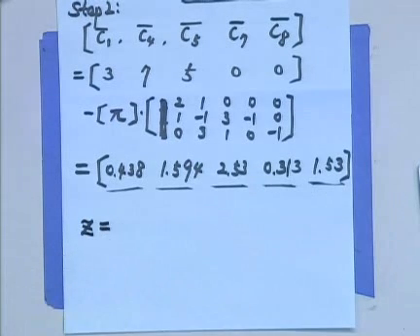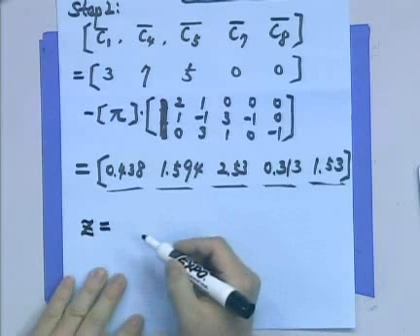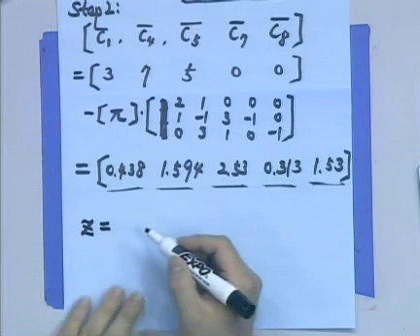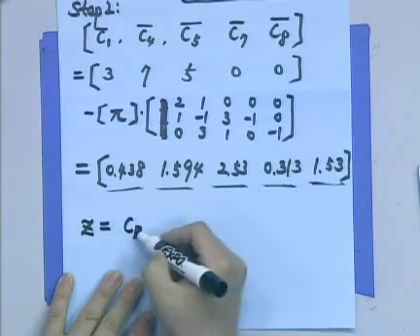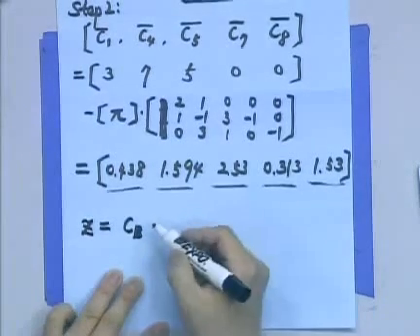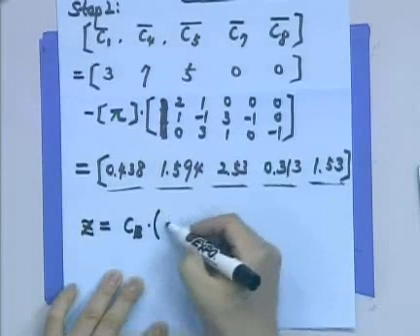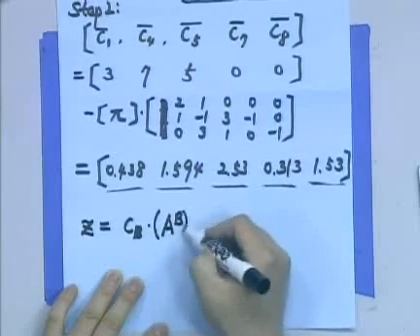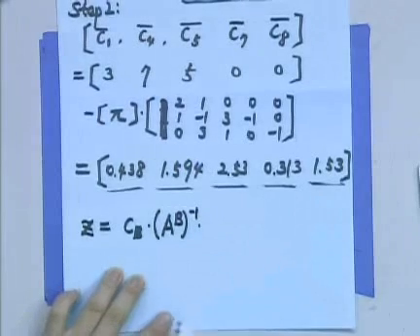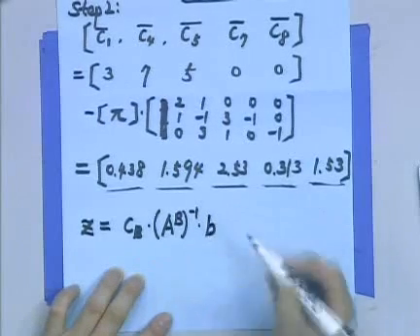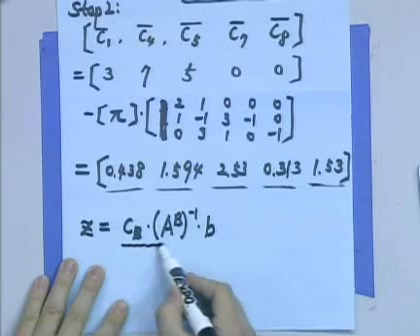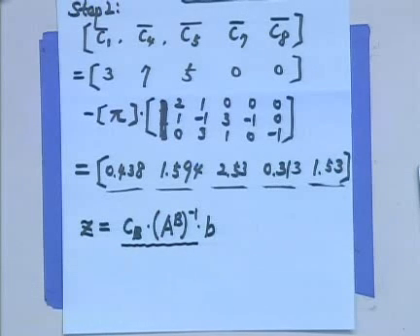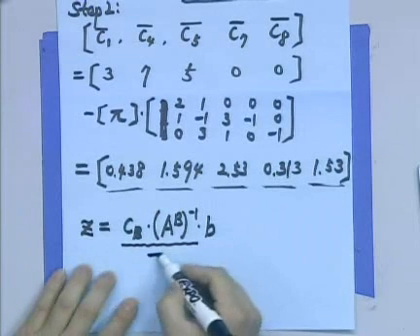The objective function value can be obtained by the objective coefficient vector corresponding to the current basis, CB, times the basis inverse matrix times the right-hand side values from the original table, right? And what is this? That is the pi, right?